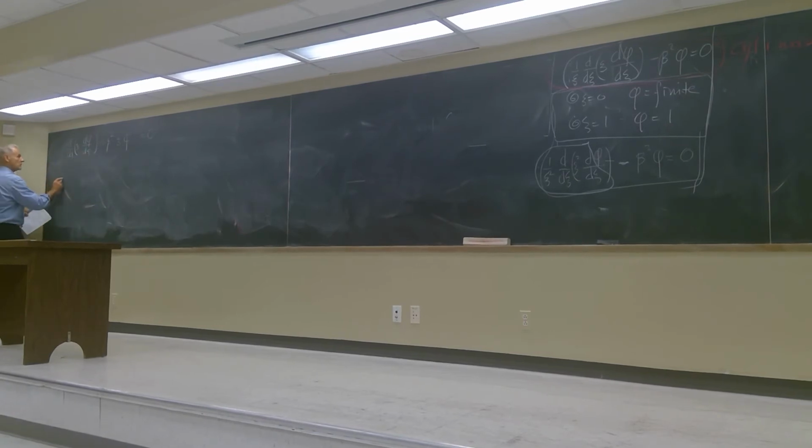So first I'm going to keep psi constant, take the derivative of this, and then I'm going to keep this constant, take the derivative of this, which will just give me d phi d psi. You see that or not? And then minus beta squared psi phi.